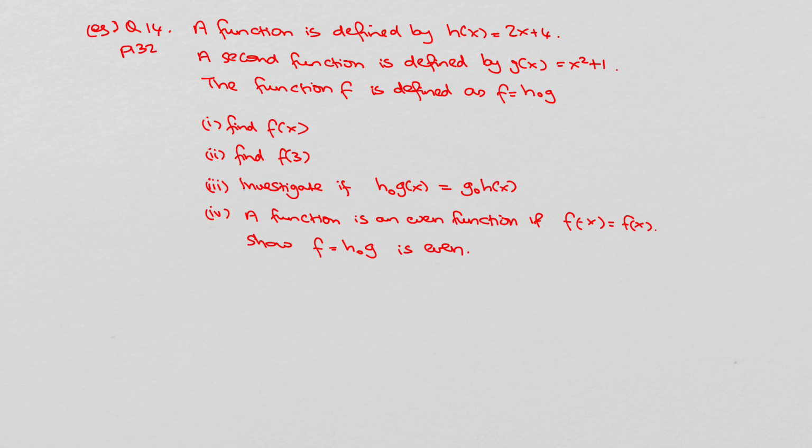So we start by saying, what do I do first? Well, my input goes into g first. So input x goes into g first, and then the output from g of x would go into h of x.